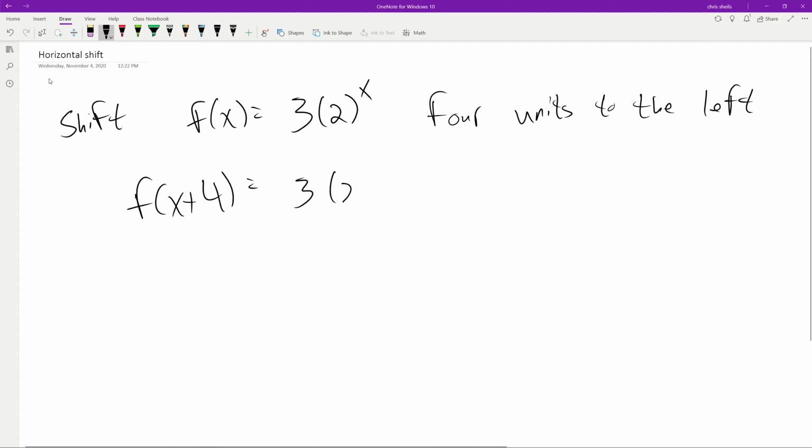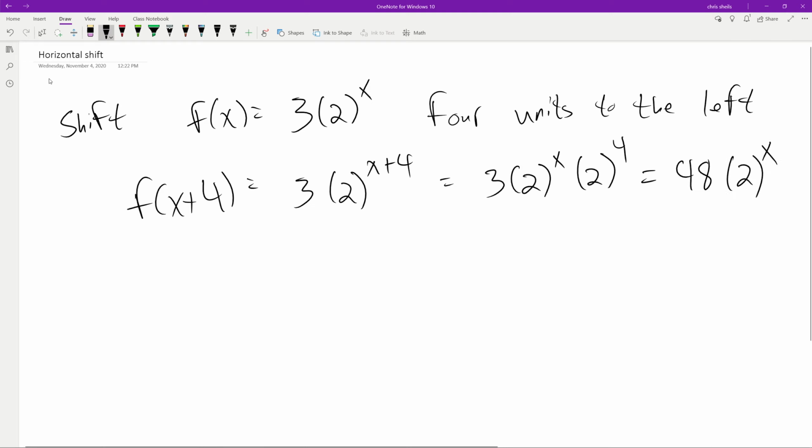This gives me 3 times 2 to the x plus 4 power. Using my exponent rules, I can rewrite this as 3 times 2 to the x times 2 to the 4th power. 2 to the 4th power is 16, and 16 times 3 is 48. So this is the same thing as 48 times 2 to the x.